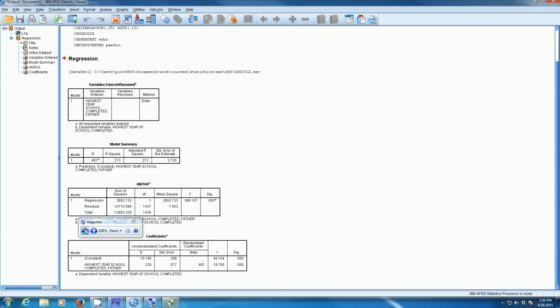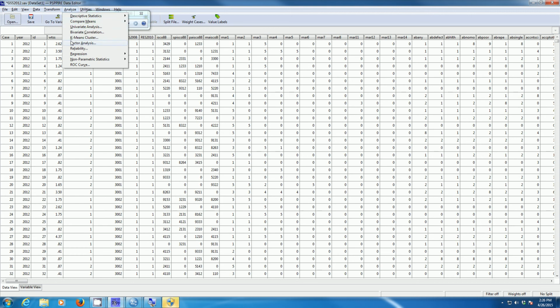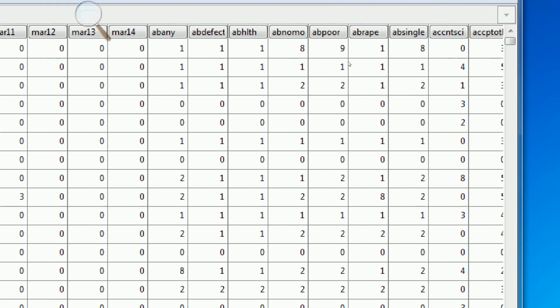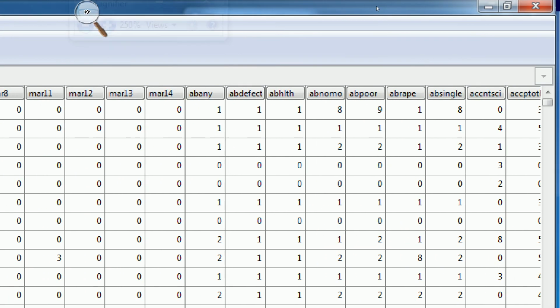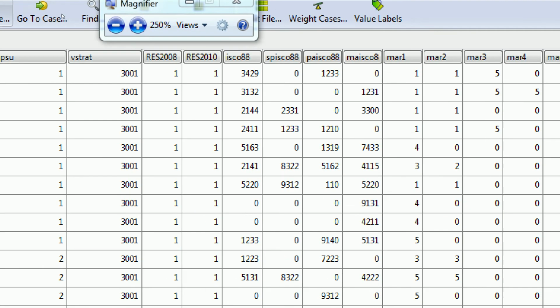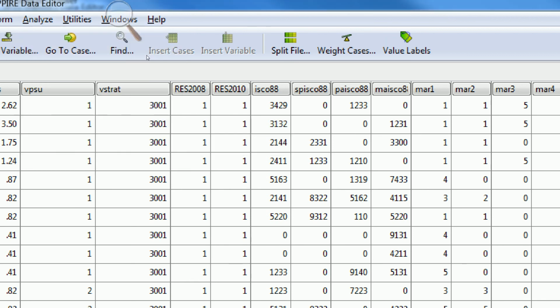Now, we could do the same analysis in PSPP. And so, again, we do the same thing. We just go to Analyze, Regression, Linear.